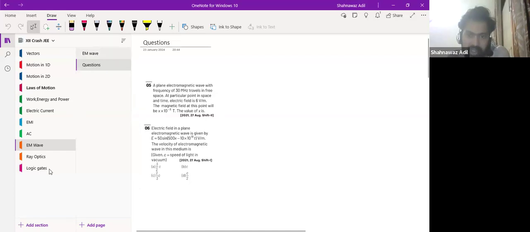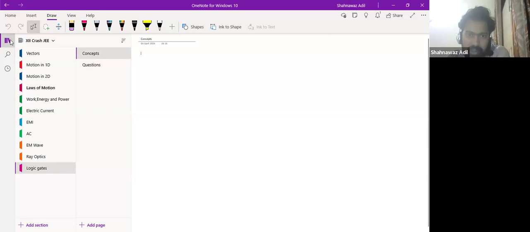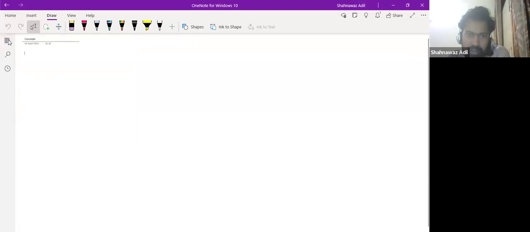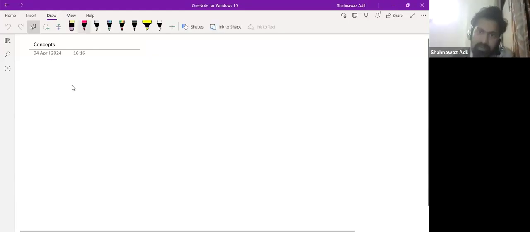Now let us talk about logic gates. You have to remember only a few things, and then they are quite easy to solve. The first thing you have to remember is the truth table.